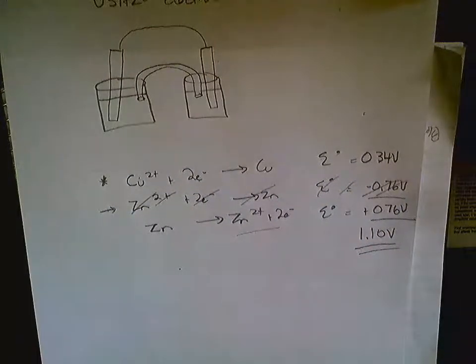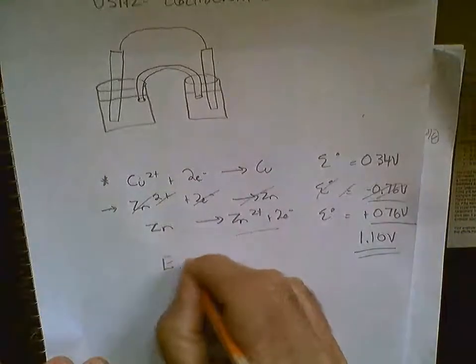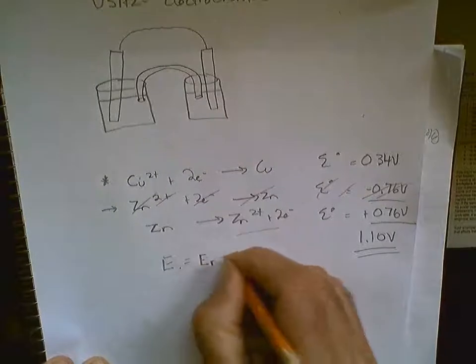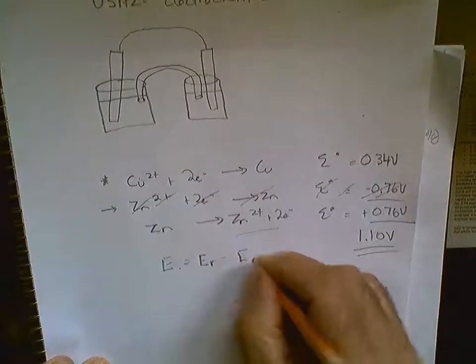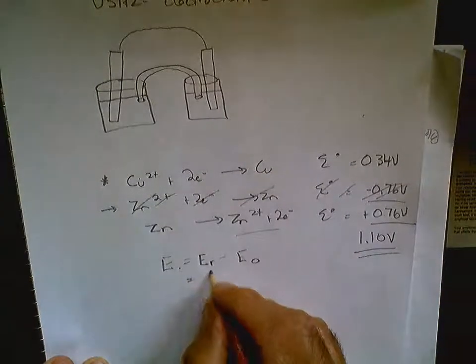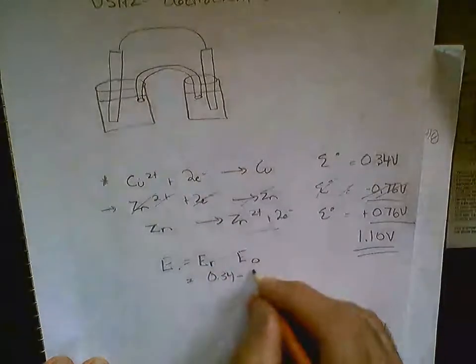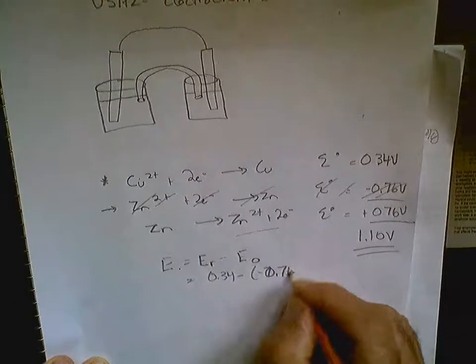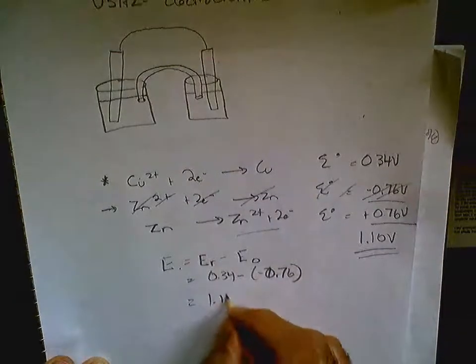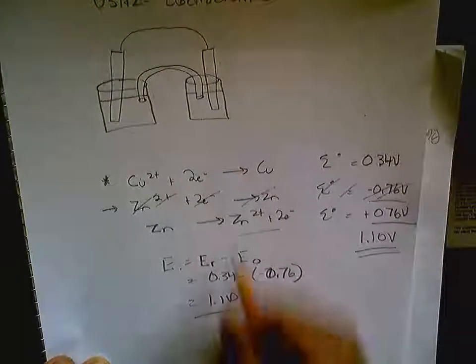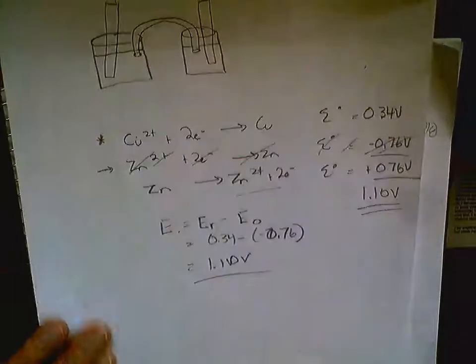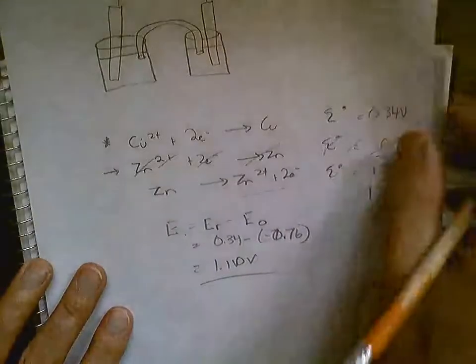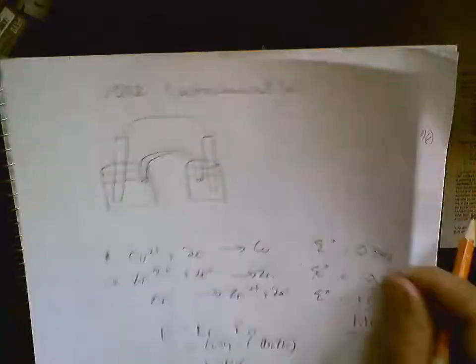The other way you can do it without all this manipulation is find the one that's higher up and write it down, 0.34, and subtract the one that is lower down. That way you don't have to show all this formulation here. You get the exact same answer of 1.1 volts.